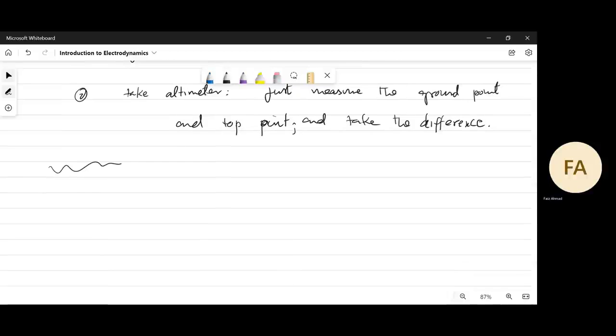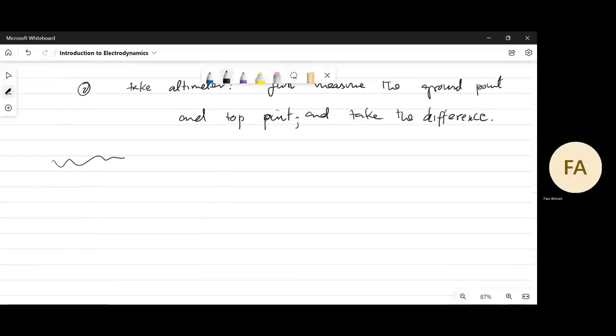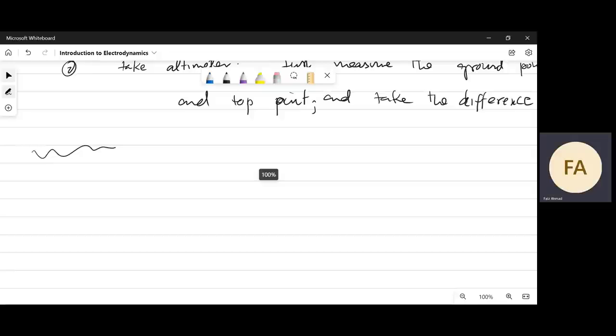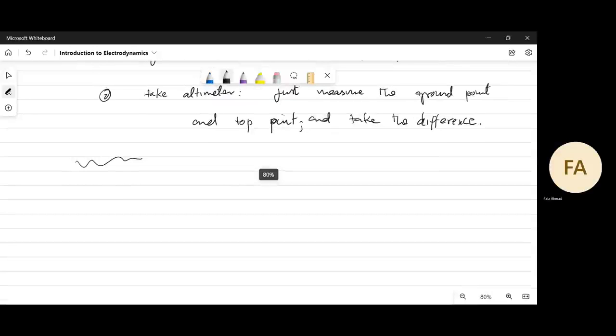So if we see on the right side, we have the integral of del t dot dl.